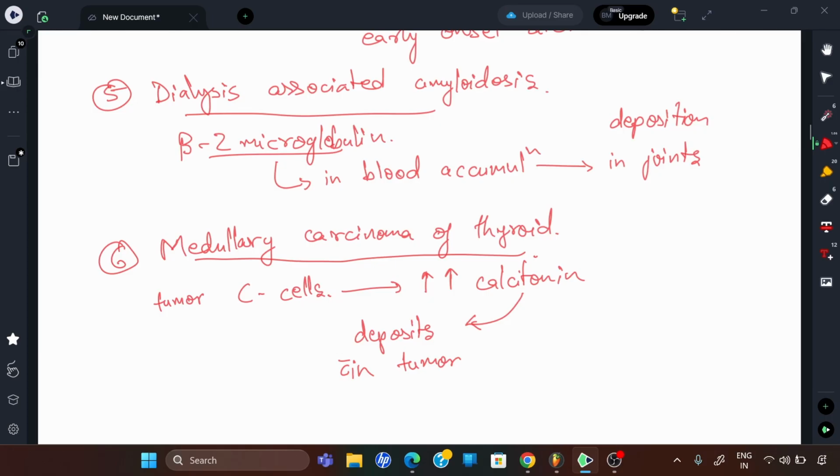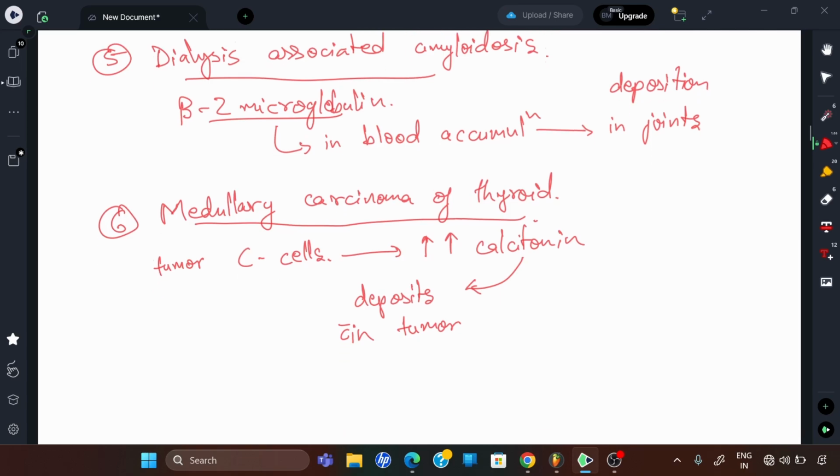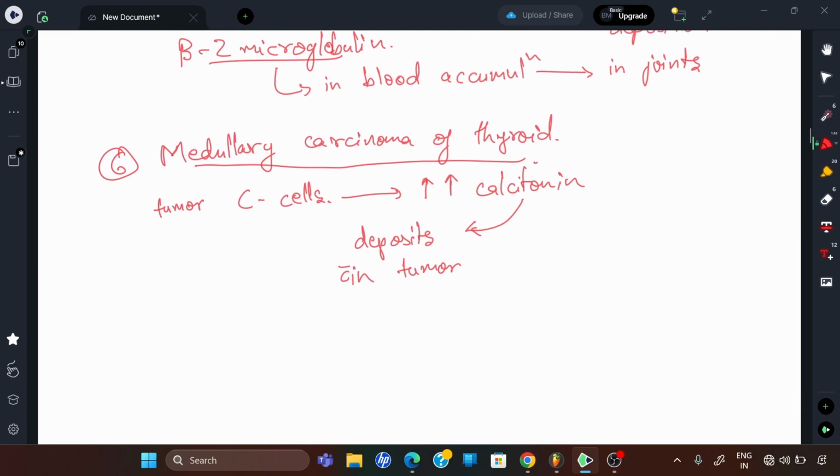So this overproduced calcitonin deposits within the tumor, and obviously it misfolds and gets deposited, and this will lead to amyloidosis being visible in case of medullary carcinoma of thyroid, right? And the characteristic that you will see on the slide is that you will have tumor cells in amyloid background.